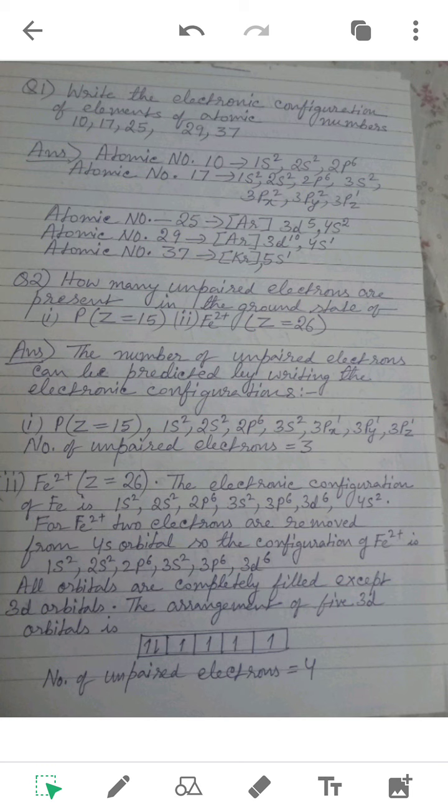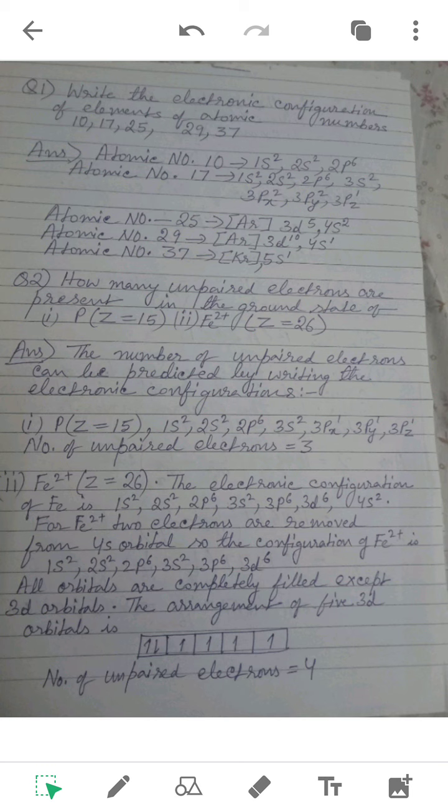That means in the d orbital 10 electrons are there, but in the s orbital only 1 electron. But according to the previous rule, you know that the lowest energy level has to be filled first, and then electrons go to the higher energy level. So why is it 4s1?